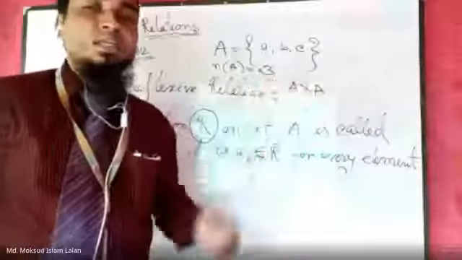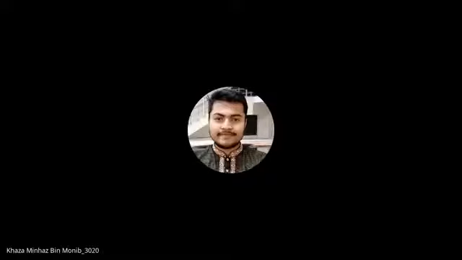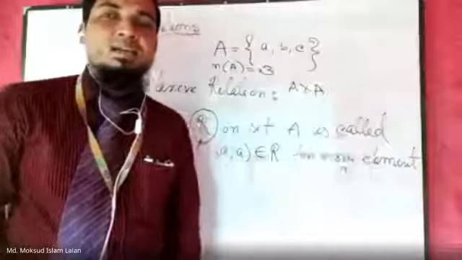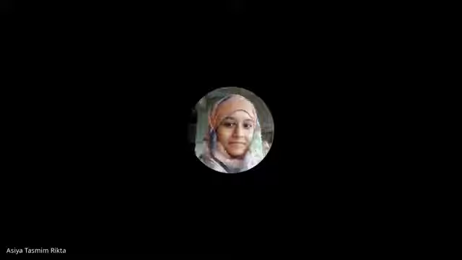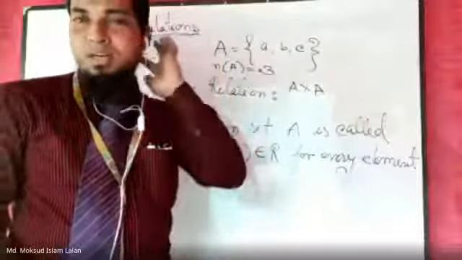How many elements will be in A cross A? Sir, 6. How can you say 6, Rikta? A has three elements and the other A has three elements, so six elements. Not one, not two.